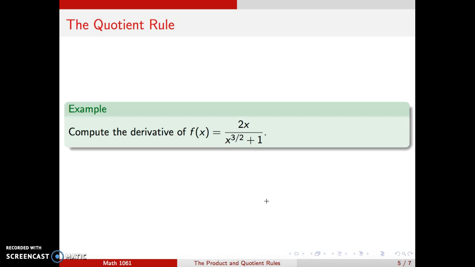Okay, so quick example. Well, we'll see how quick. Compute the derivative of f of x equals 2x over x to the 3 halves plus 1. I know this derivative. I know this derivative.